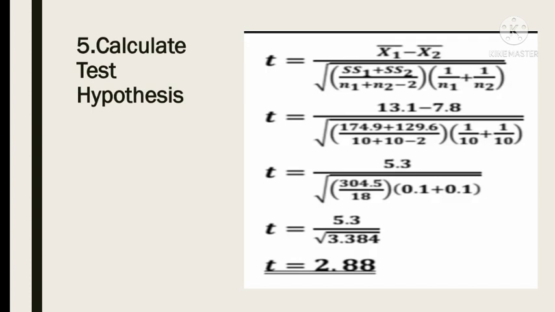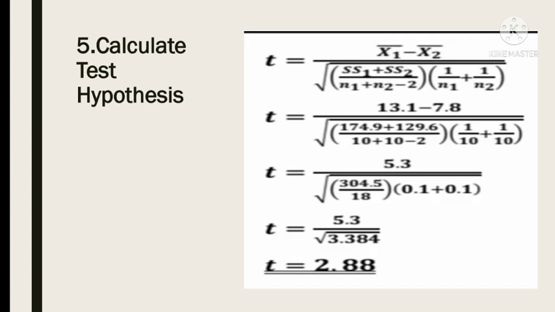So what we're going to do is substitute all of the values that we have computed earlier. So x bar sub 1, or the mean of group 1, is 13.1 minus the mean of group 2, which is 7.8. Then over the square root of 174.9, which is the sum of squares of group 1, plus the sum of squares of group 2, which is 129.6, all over n sub 1 plus n sub 2 minus 2.